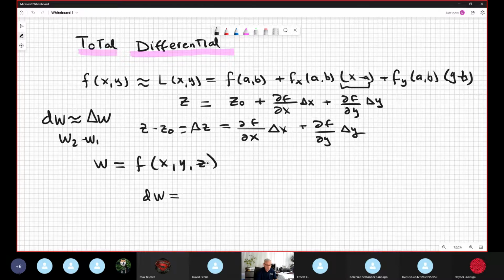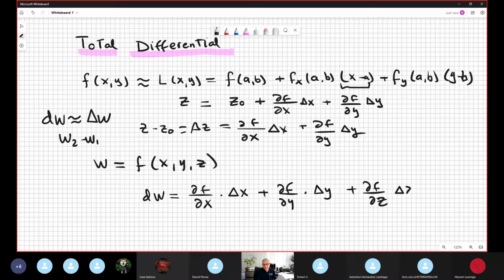So it's the partial derivative of f with respect to x multiplied by delta x, plus the partial derivative of f with respect to y times delta y, plus the partial derivative of f with respect to z times delta z. And this is error, the error of the specific quantity that you measure using an instrument.